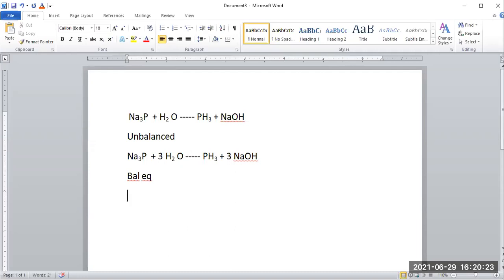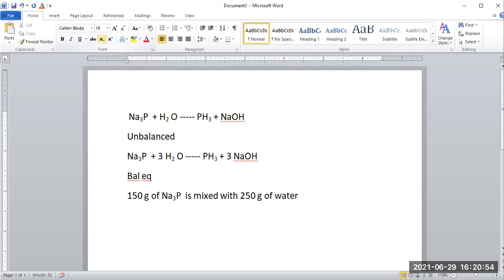All right, so then here is the next set of data. So 150 grams of pH3, actually no, of sodium phosphide, Na3P, is mixed with 250 grams of water.